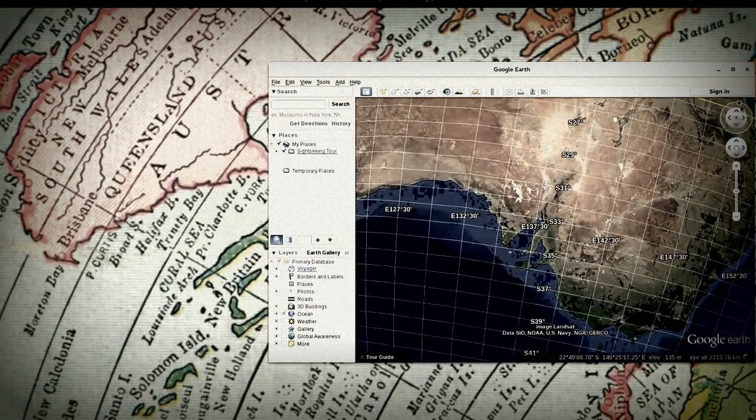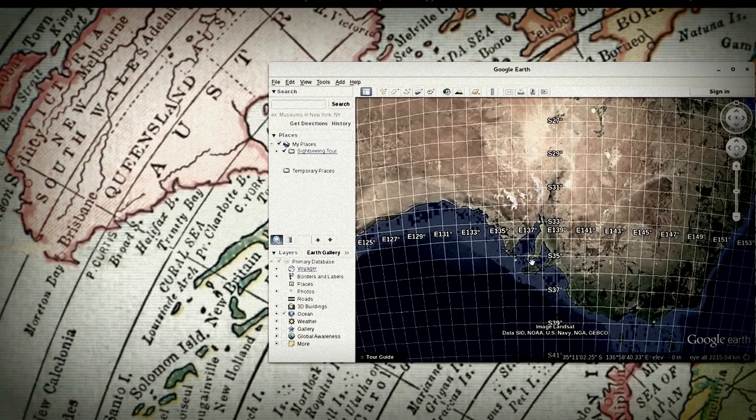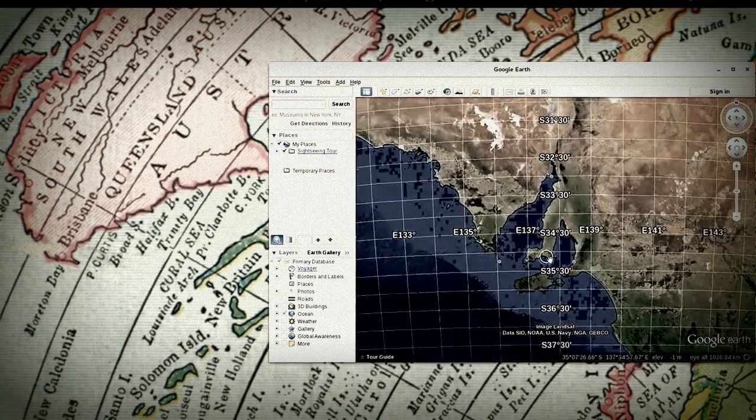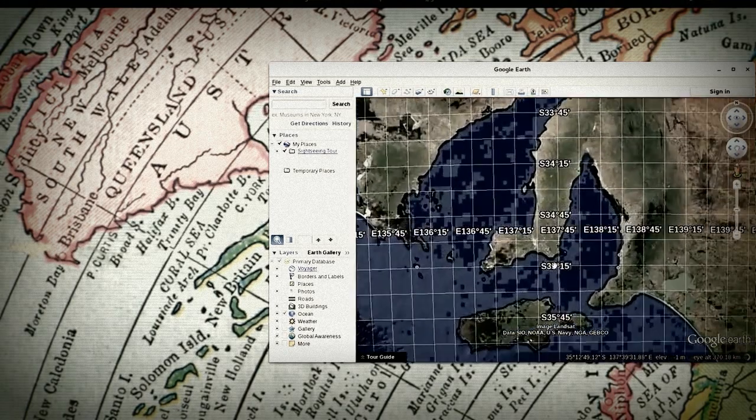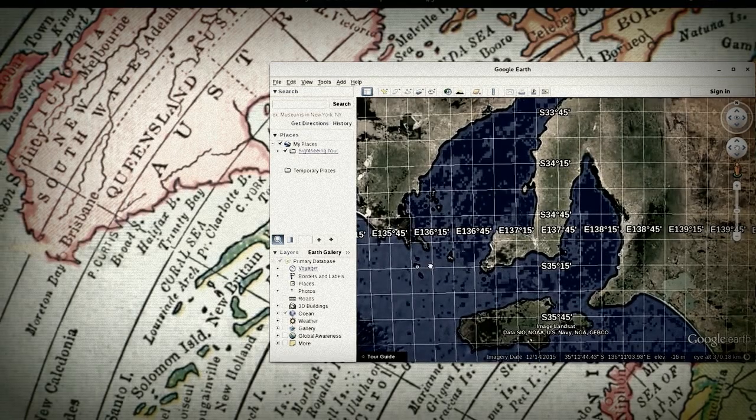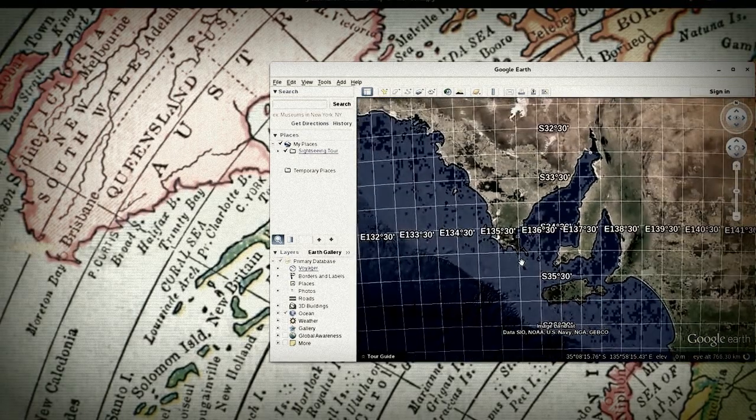So then I decided to look at latitude lines. And I think I went to 135 on this one here. 135 east.